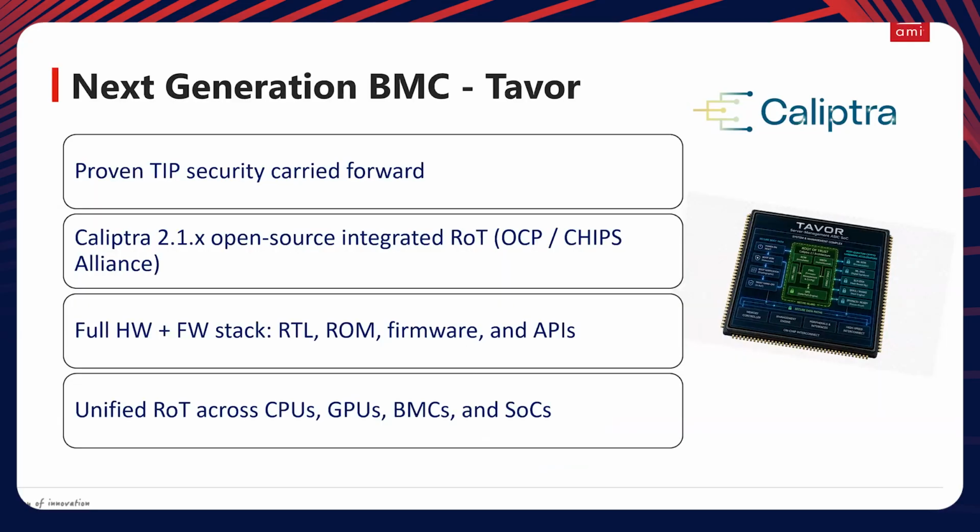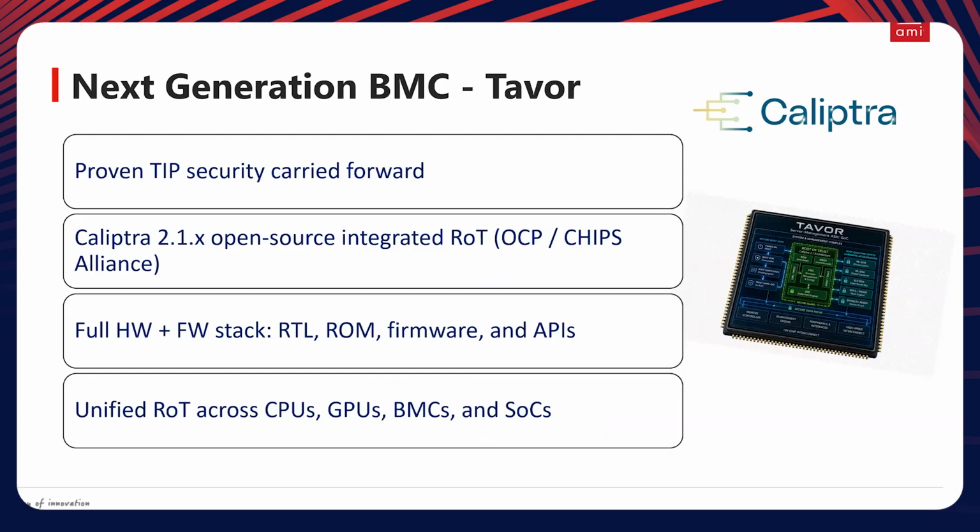So our next generation is going to be Caliptra. We are moving towards integrating Caliptra instead of the current A2 and A3 solution that has a TIP embedded inside.